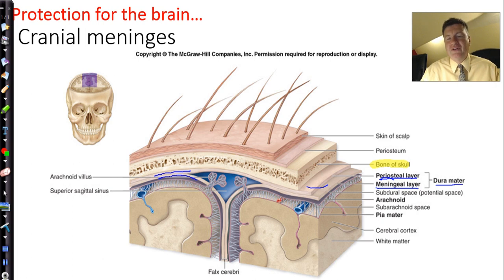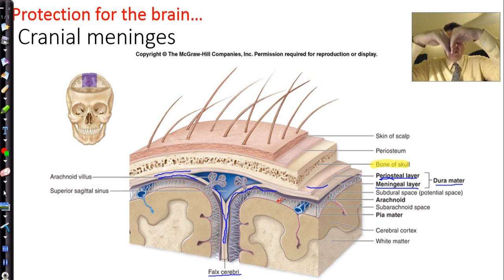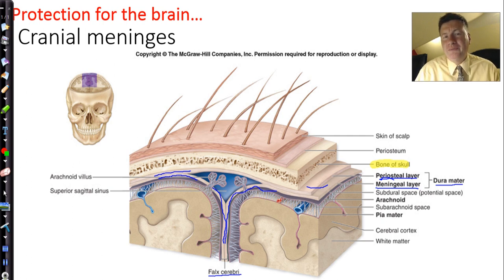The other significance of the meningeal layer is if you kind of follow along here, notice this layer separates and actually goes down into the very superior part, or the most superficial part of the brain, and actually forms this called falx. This happens to be the falx cerebri. There's also a falx cerebelli, but these falx are little false partitions or little walls that are going to come into the very exterior part of the brain and hold it into position.